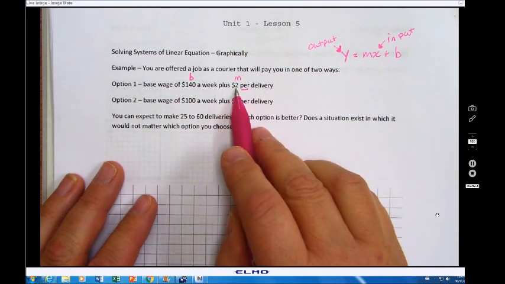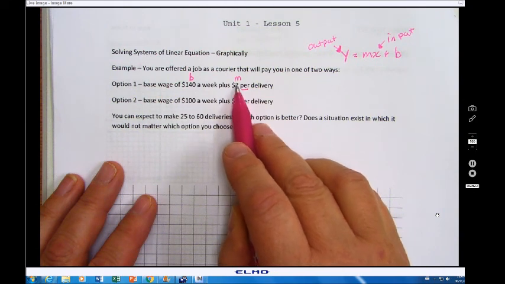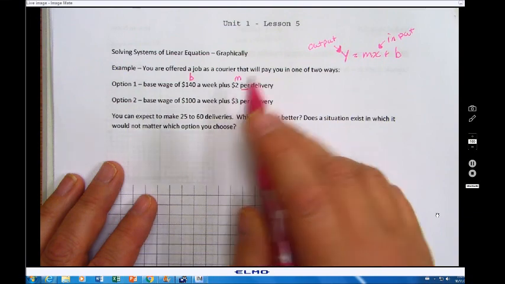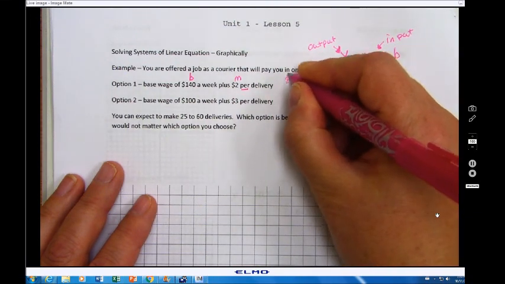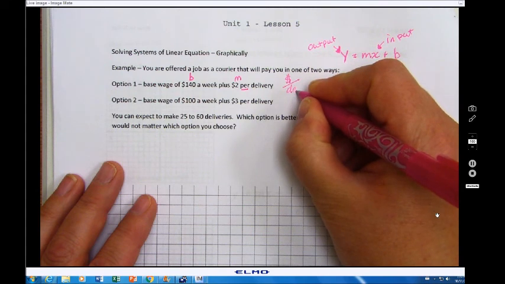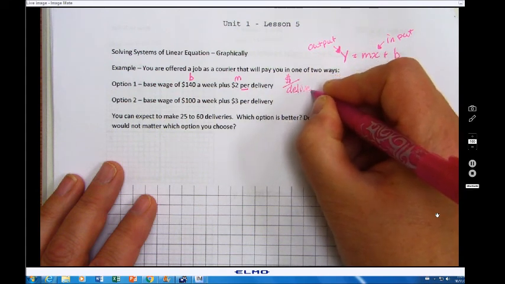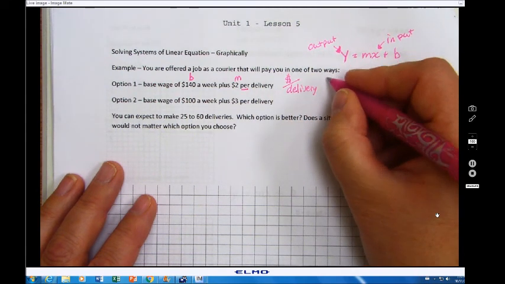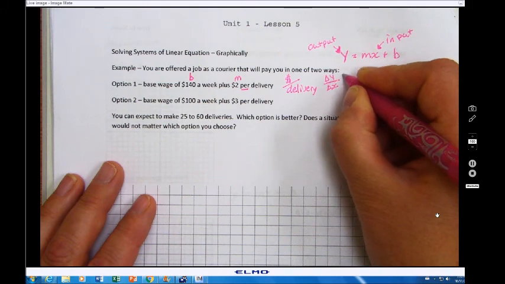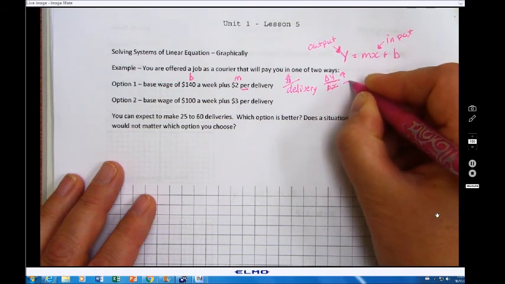So we know that this is our slope. And it's always written in your y per x amount. So this is written as dollars per delivery, or change in y over the change in x. That's your rise over run.